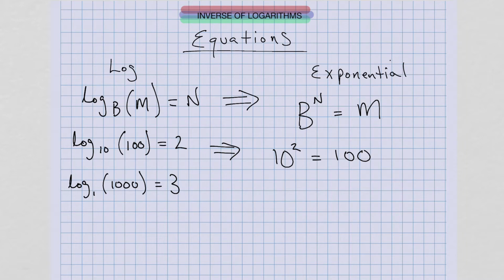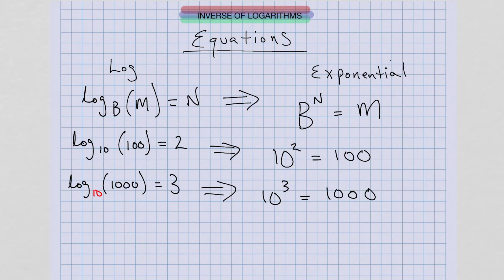Base 10 is the only base where they don't always write it in. So this is saying that 10 raised to the third power equals 1000. Once again, if you don't see a little index, you automatically assume base 10. I'll go ahead and write that in red here for you.